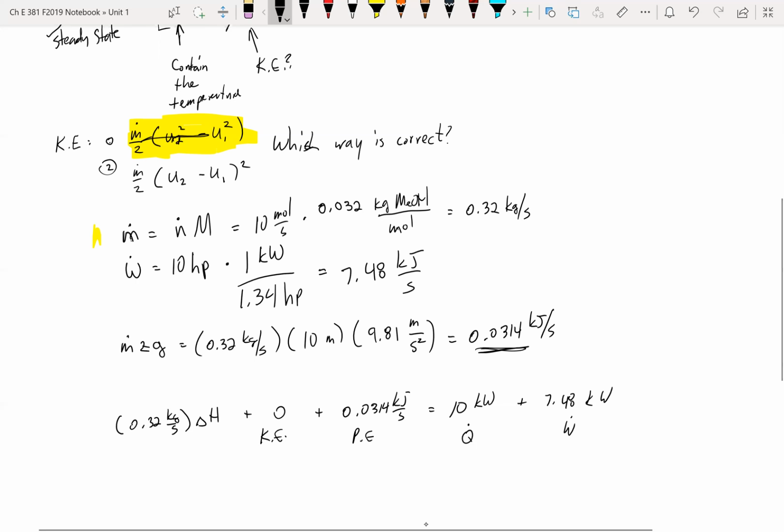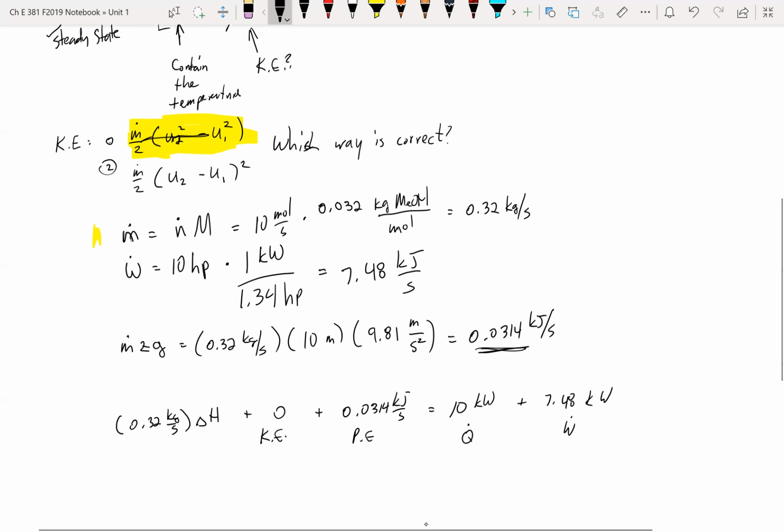You said we could neglect that value. What if we were looking at a problem where we were looking at the lifetime, like for a year or something? That would add up to quite a bit. Well, it depends what I want the information for, right? If you compare the energy the pump is applying to the energy that it actually takes to push the fluid up the pipe, you see there's a big mismatch there.